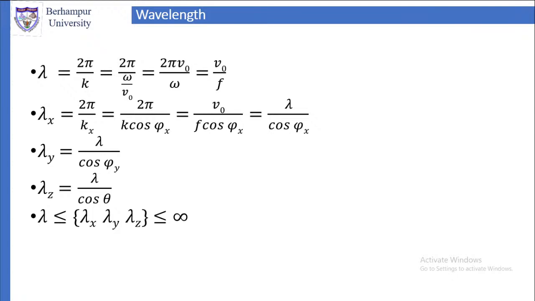So this is about the wavelength and the components of the wavelength. If the wave is propagating in any arbitrary direction, then its component along the principal axis will always be greater than the wavelength of the wave. If it is propagating along one of the principal axes, then that component will be equal to the wavelength. With this, we come to the end of the concept of the plane wave.